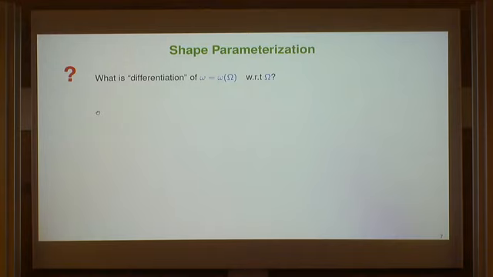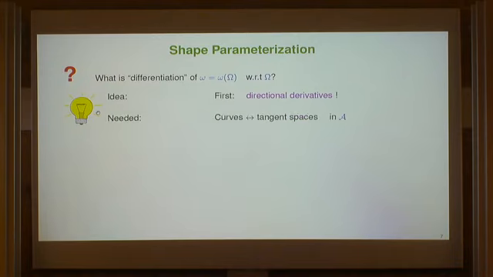We first look at directional derivatives. So we look at the derivative along a curve in shape space. And then in the second step, once we have directional derivatives, we can study whether they can be glued together into something you could call a Fréchet derivative. And this is also the approach adopted in shape calculus.